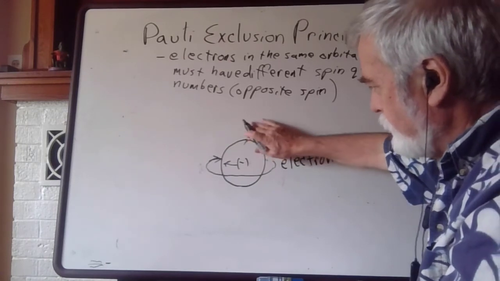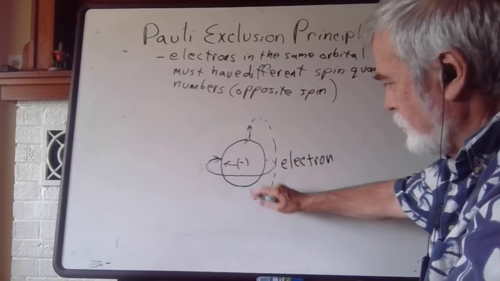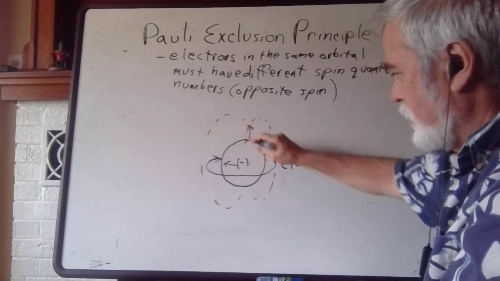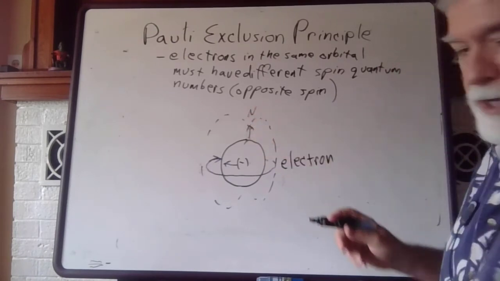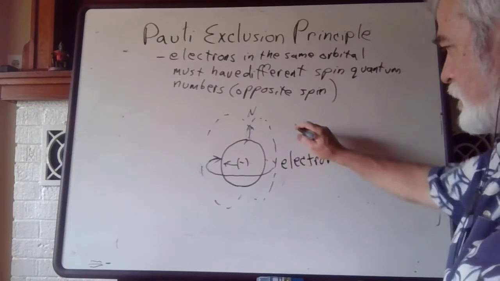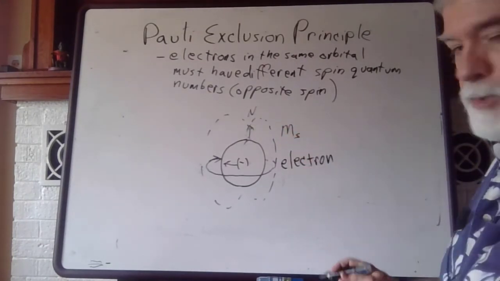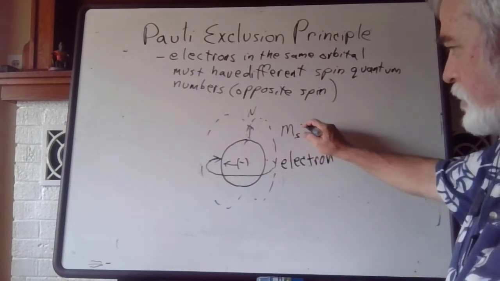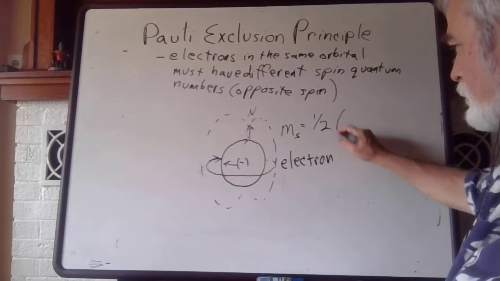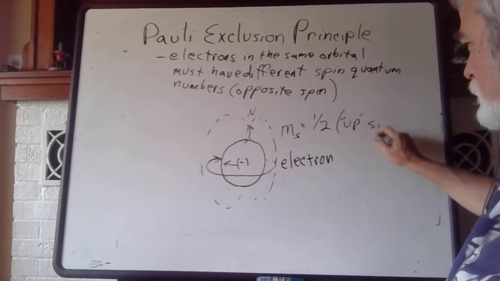Okay, so you'd have an arrow coming out the top, but then would also have field lines going around it like this, and this would be the north pole of the magnetic field, and in this situation, this would be a spin up. The spin quantum number, m sub s, would then be equal to plus a half. Okay, so that would correspond to an up spin.